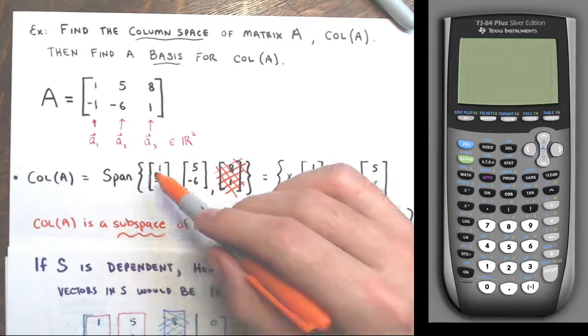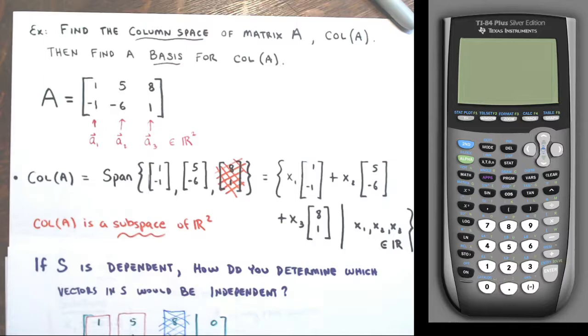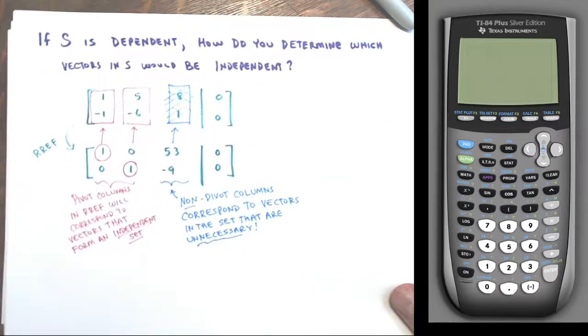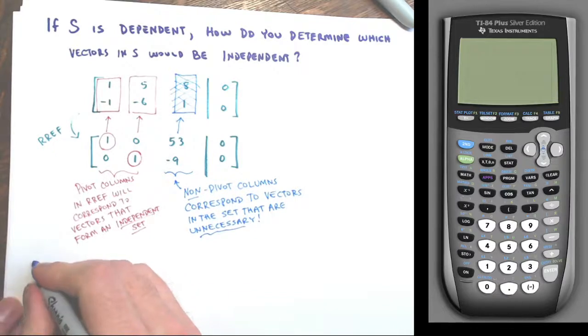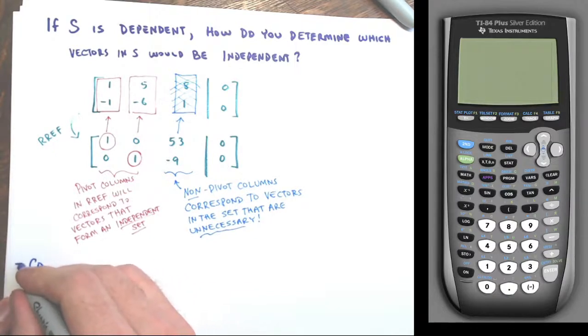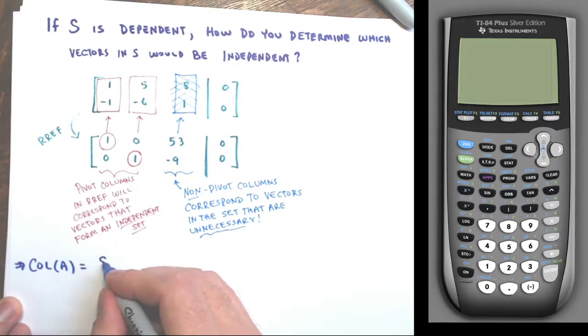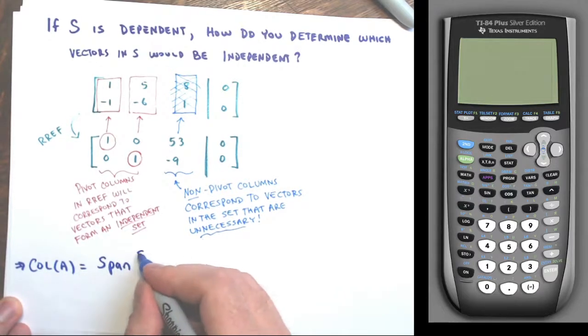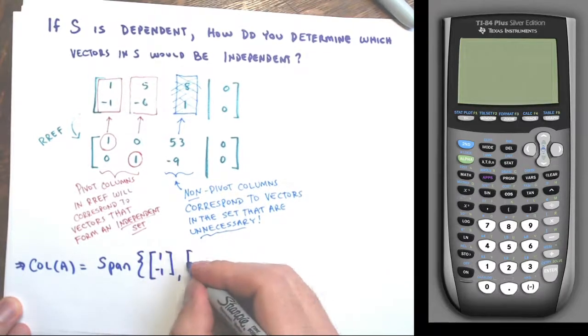All right, and then this set of these two vectors do form a basis for the column space of A. Right? So at the very end here, the column space of A is now just the span of these two vectors, 1, -1, and 5, -6.